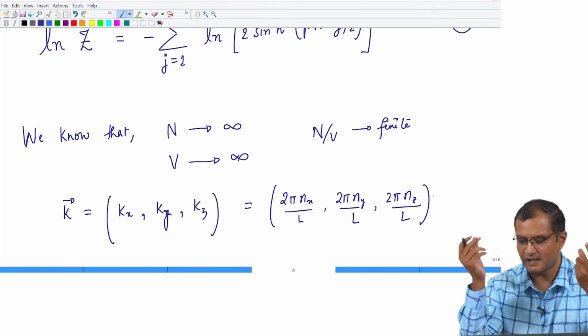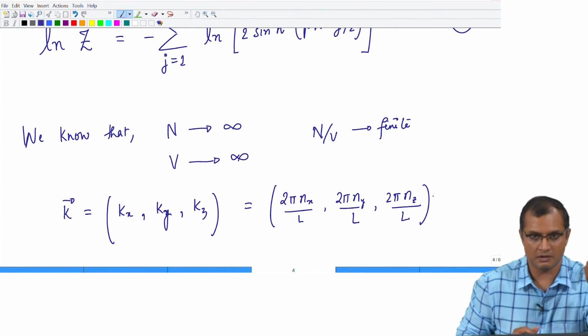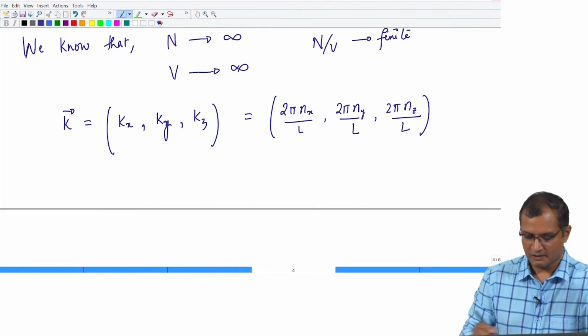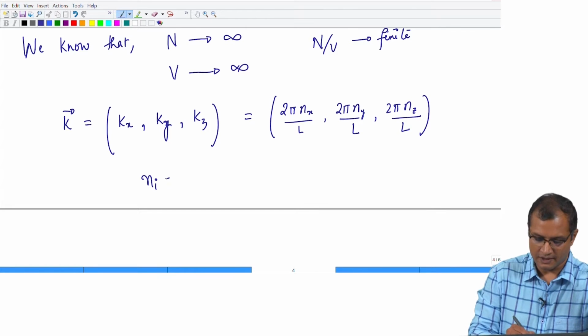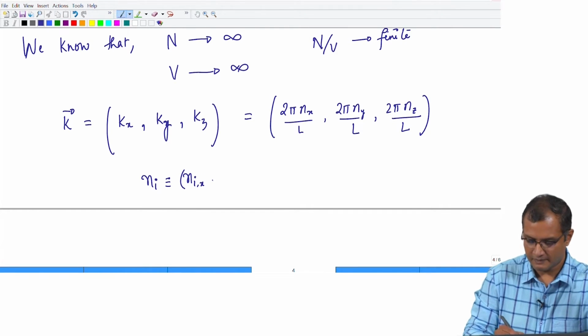What are these nx, ny, nz? They are nothing but the excitation of each oscillator that you have taken. Each oscillator is an excitation of ni, and I can write that ni as a combination of nix, niy and niz.